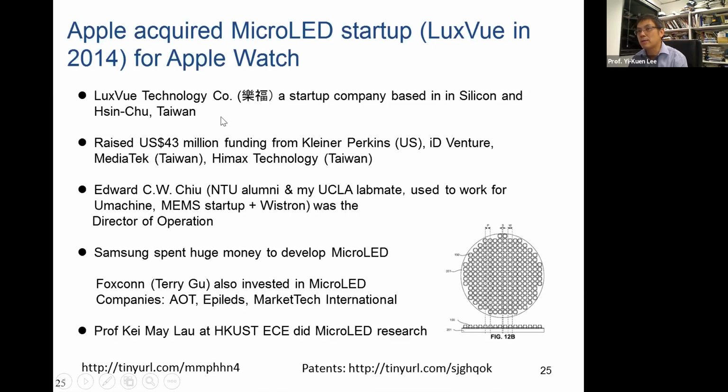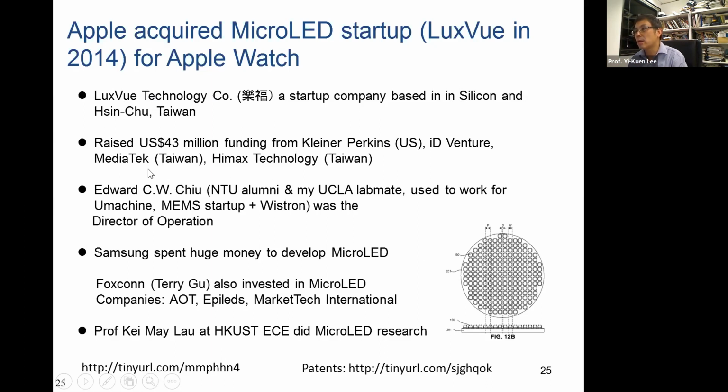Hsinchu is Taiwan's second valley, I would say. TSMC, UMC, there are so many semiconductor companies in Hsinchu, Taiwan. This company, LuxView, raised about $43 million from several VCs, also from MediaTek.